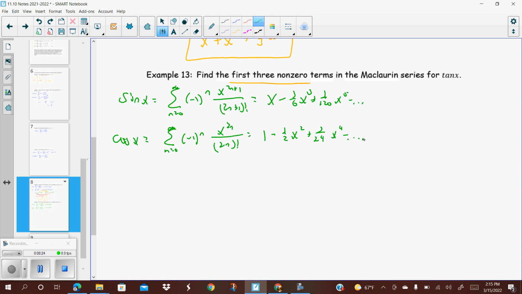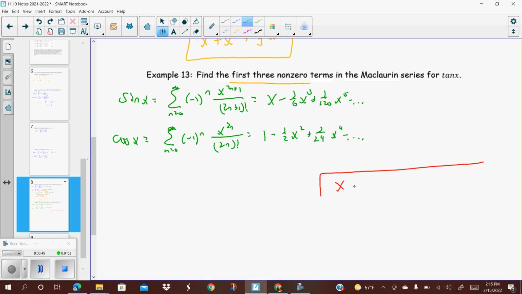All right, so the big thing is here, we now have two polynomials. We are dividing sine by cosine. We are dividing polynomials, which means polynomial long division, our favorite. So we are going to put cosine of x on the outside, sine of x on the inside.